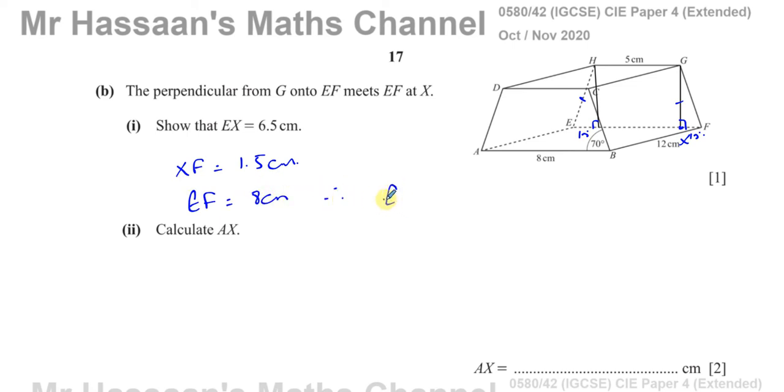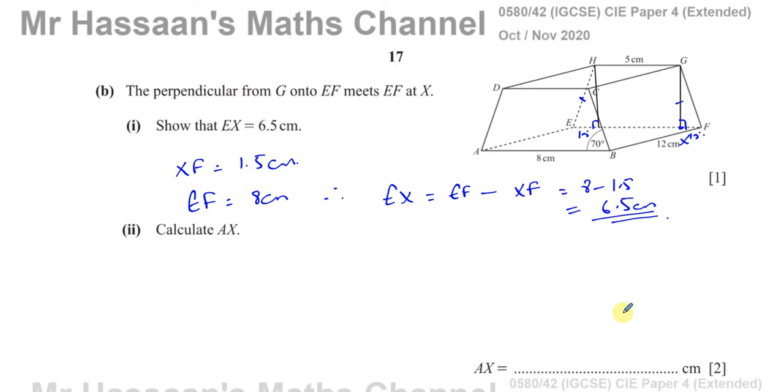Therefore, E to X is EF minus XF, which is 8 minus 1.5, which gives you 6.5 centimeters. I guess that's what they have to show.